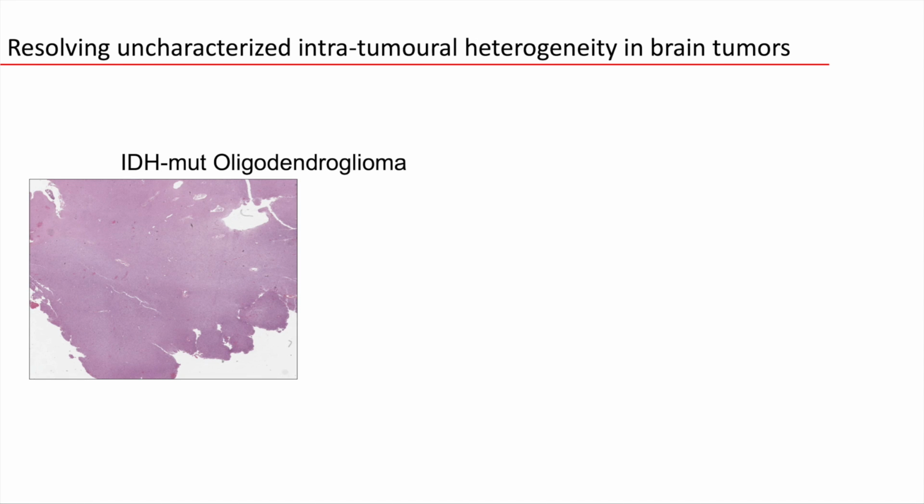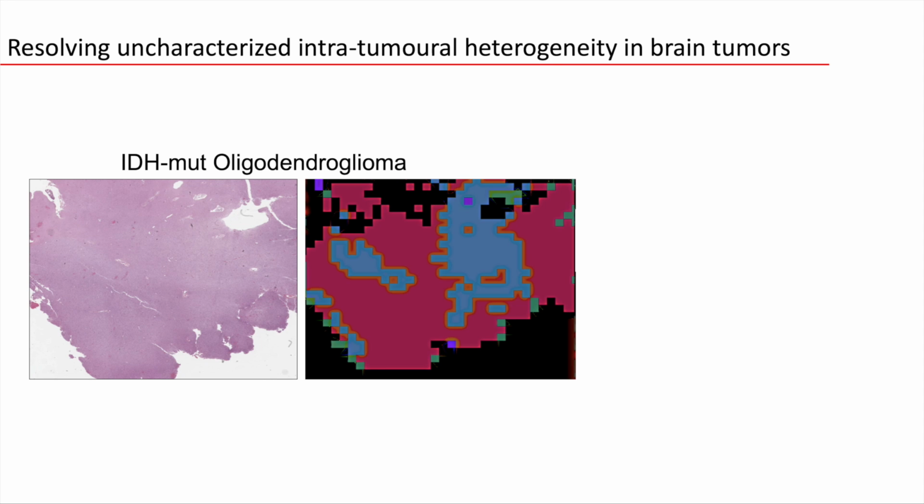So how are we using this in some of our work? Well, we're interested in intra-tumoural heterogeneity, and one of the things we're trying to do is see if we could use AI to find subtle changes in the morphologic patterns of tumors and use those as a stepping stone to look at intra-tumoural heterogeneity.